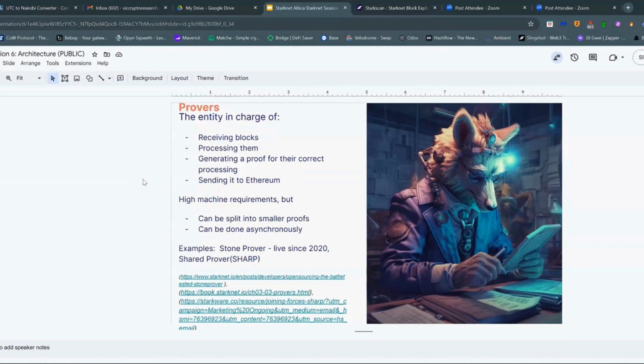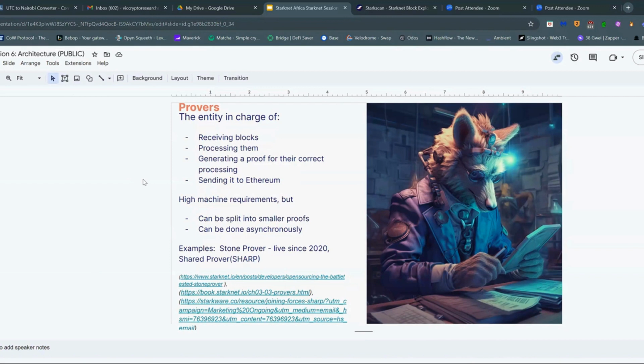So let's look into the prover. As I mentioned before, the prover provides the mathematical guarantee about the validity of the block transactions which are finally settled on Ethereum. Why is it important for us to prove transactions which are carried out on Starknet?